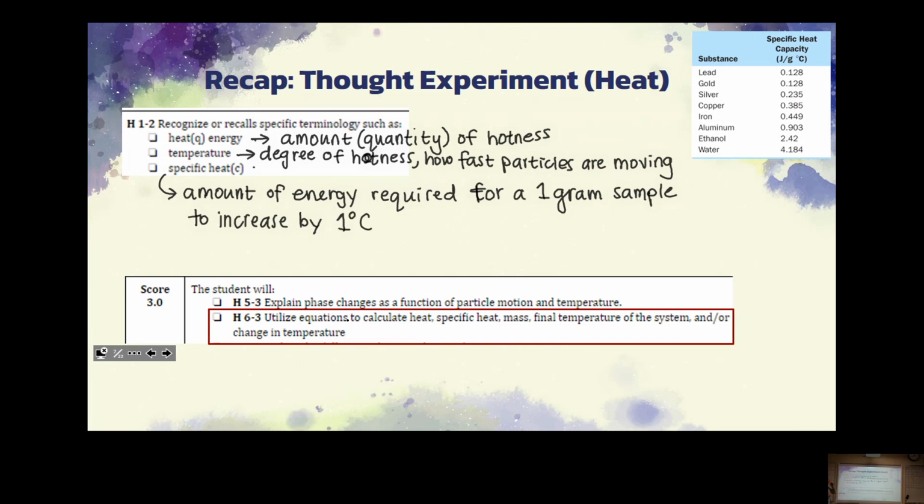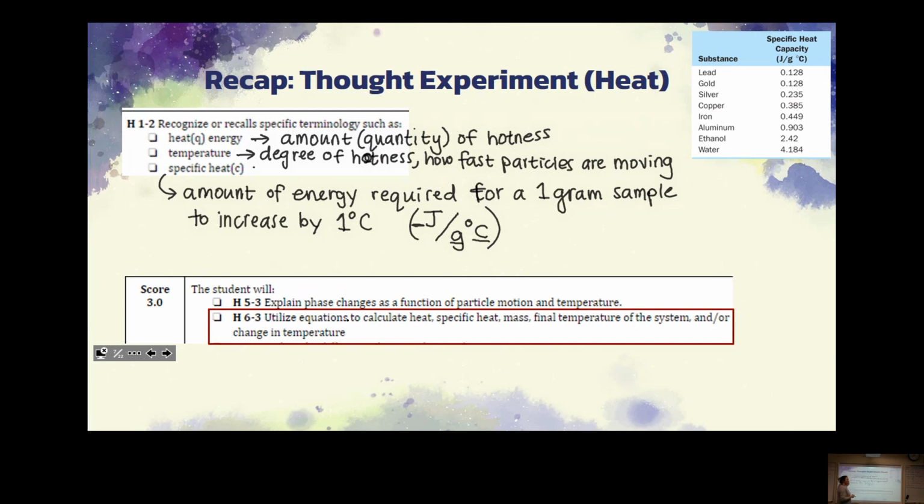So that specific heat value, that's why you see the unit that you do. The unit is joules per gram degrees Celsius, and that's what it means. It's saying that I need this amount of energy to get 1 gram up 1 degree Celsius.